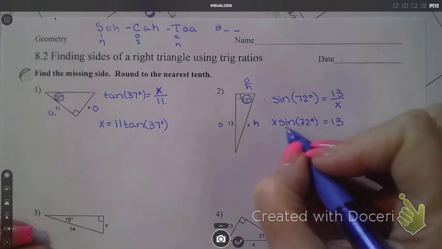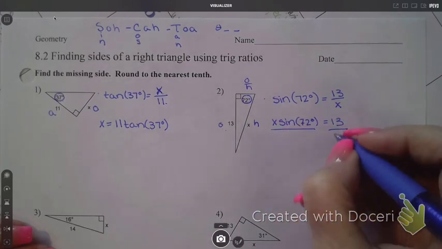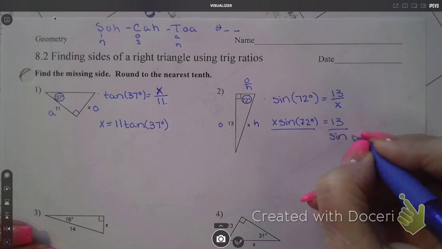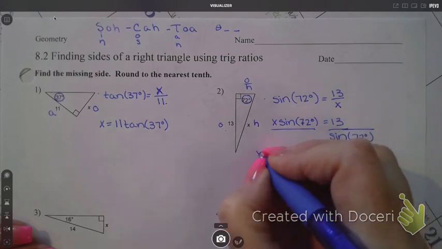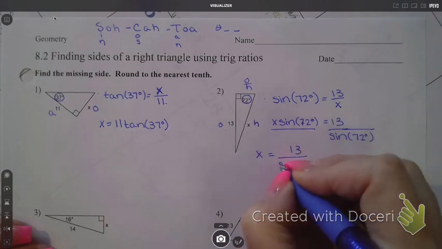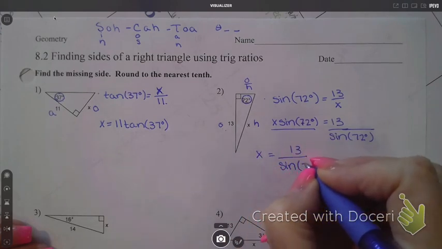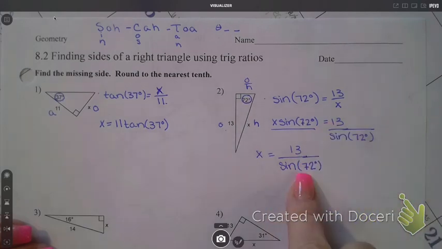Division, because this is multiplication, so I divide. So X equals 13 over sine of 72 degrees. Now, people go, well, what is the answer? This is the exact answer.